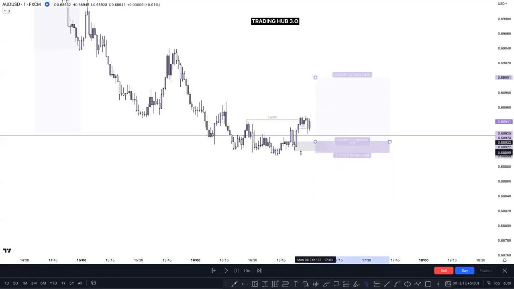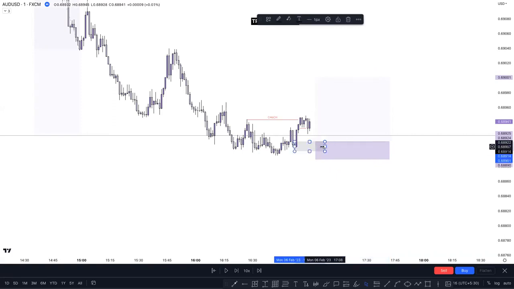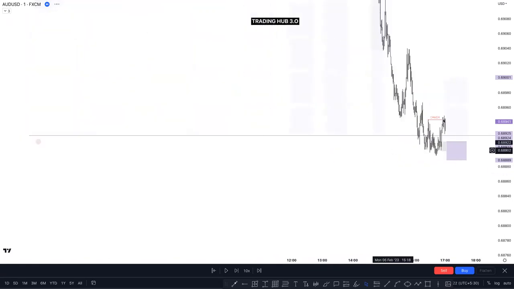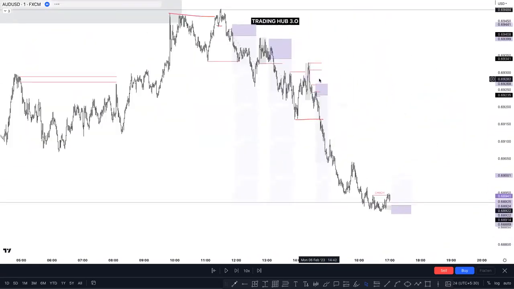This is a very small stop loss, 1.5 pips. For the safer side, you can put it just below it, right? This is a very good stop loss, 2.5 pips. And where is the target? Target almost here.